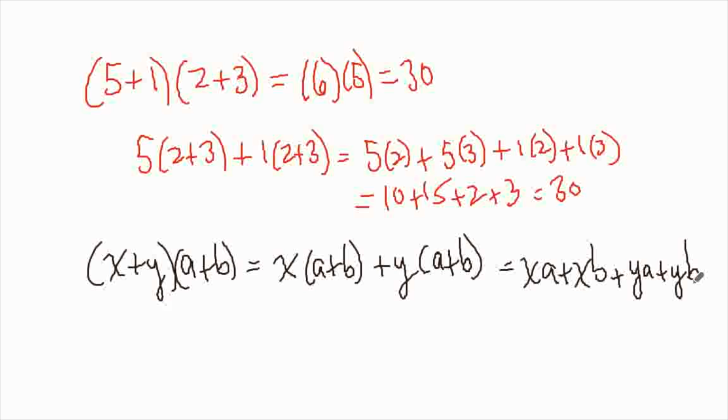Now, let me tell you a shortcut. You'll notice that it always took me two steps to do the double parentheses. You could, if you like, memorize what I'm going to say next. It's sometimes referred to as FOIL, and this will help you to do it in one step. Let's go back to (x plus y) times (a plus b).